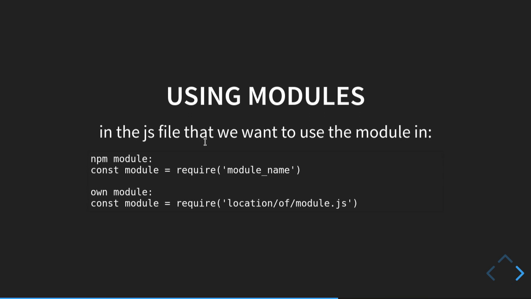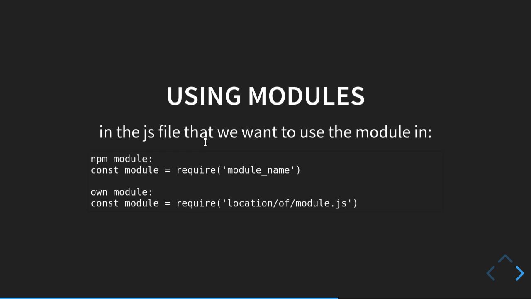Okay, and then of course we also want to have the possibility to actually use the modules. So we have two kinds of modules. Either we make the modules ourselves, or we can download them from NPM. When we download them from NPM, we can simply say const module equals require and then the module name straight away, and it will instantly start looking for the module in the node_modules folder.